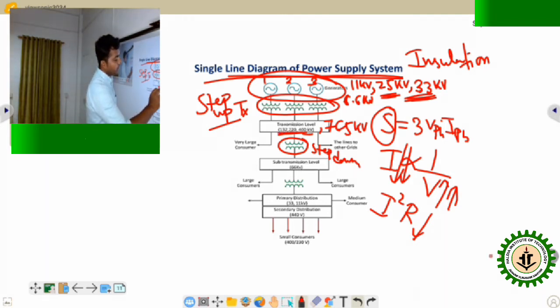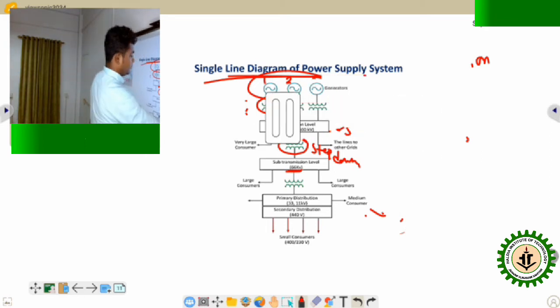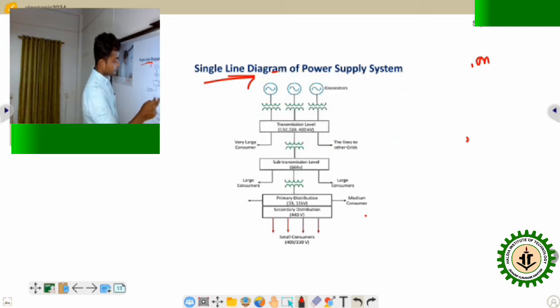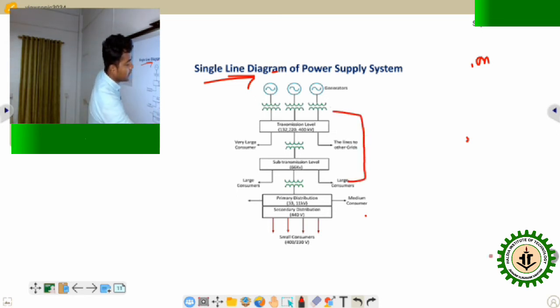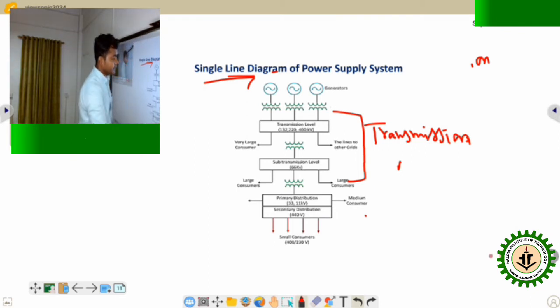So this portion up to this portion is called transmission. This is the primary transmission and this is the secondary transmission voltage. Primary transmission voltage is from 132 kV to 765 kV, and the secondary transmission level voltage is up to 66 kV.